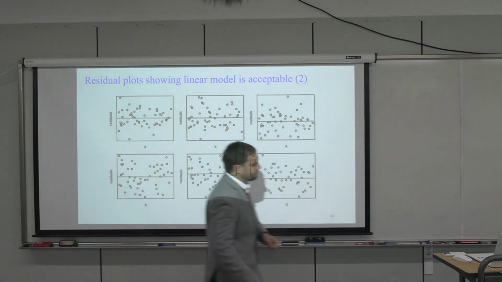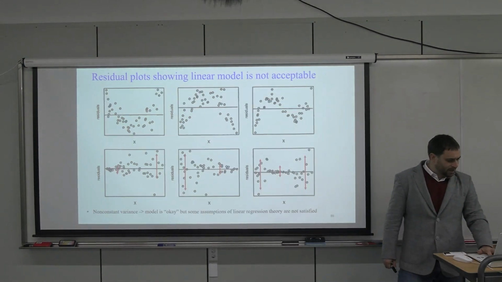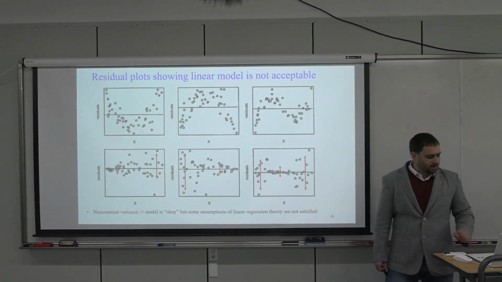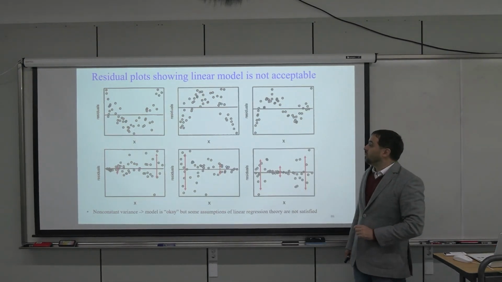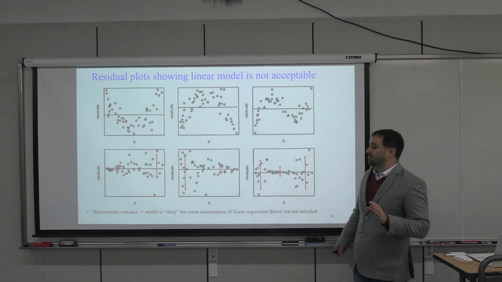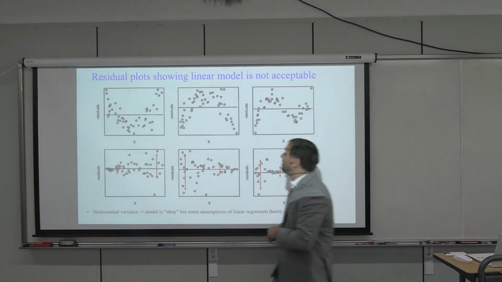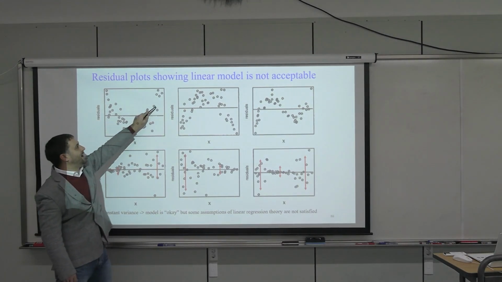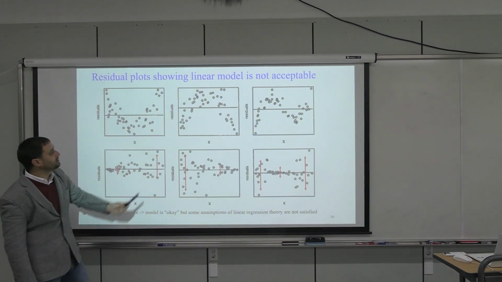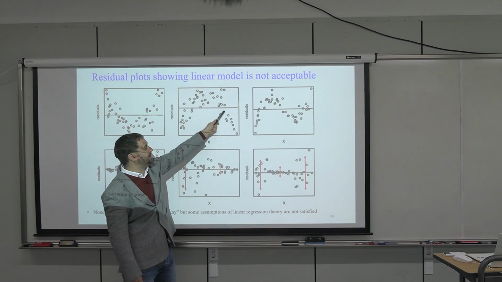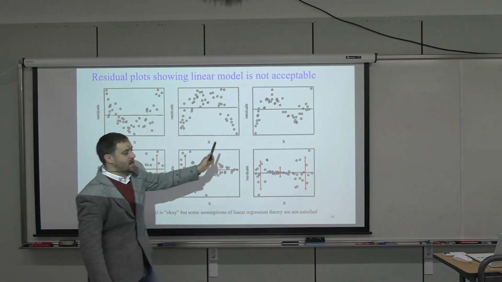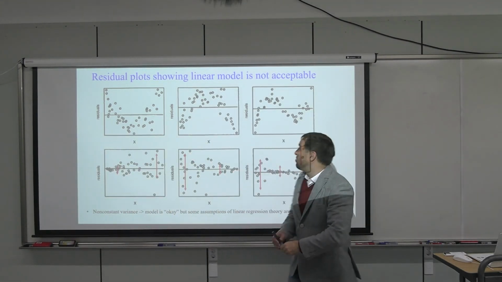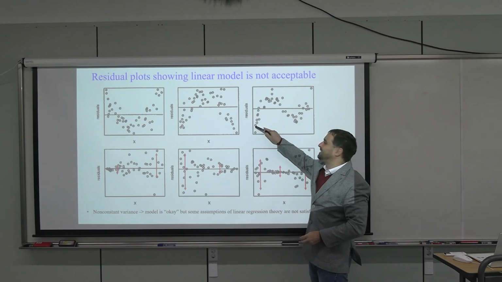I think the next slide will show some maybe bad ones. And so here are some examples showing that the linear regression model is probably not acceptable. Our first two, here we're showing that quadratic, that autocorrelation. Okay, here's also autocorrelation. And this is another type of common autocorrelation. It almost looks like a sine wave.